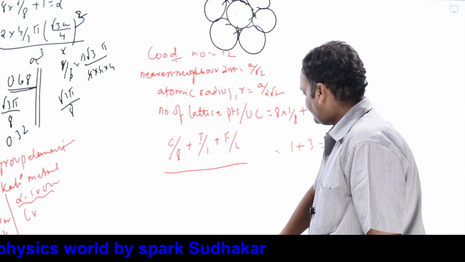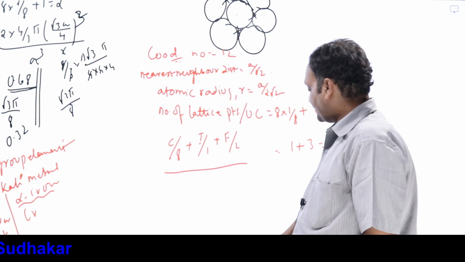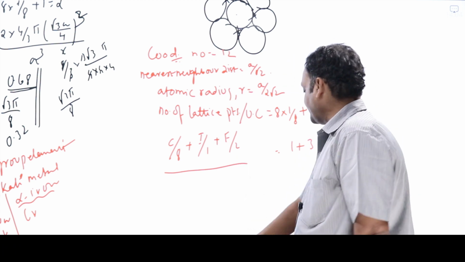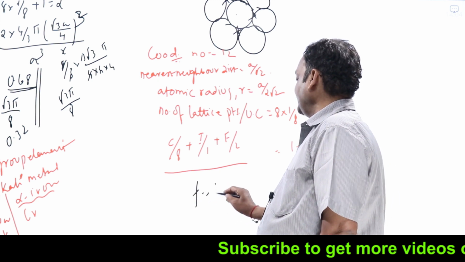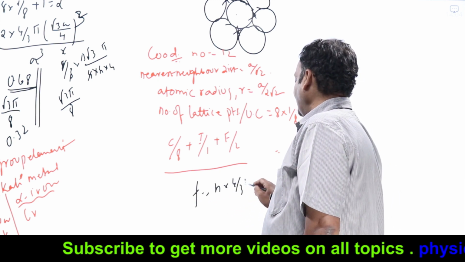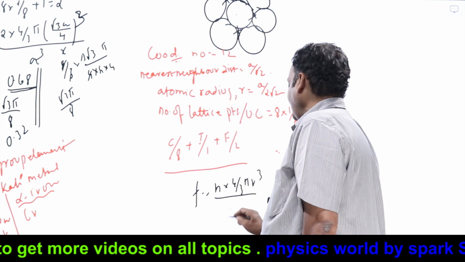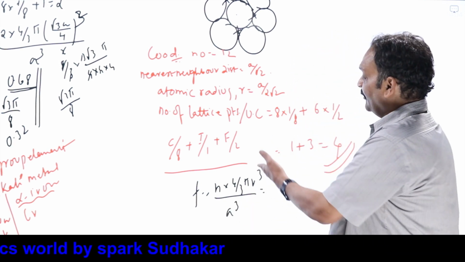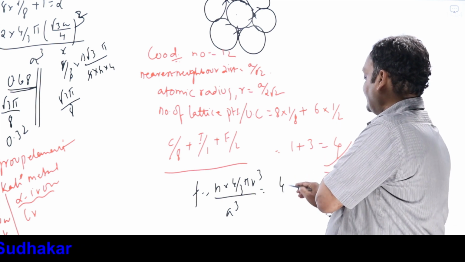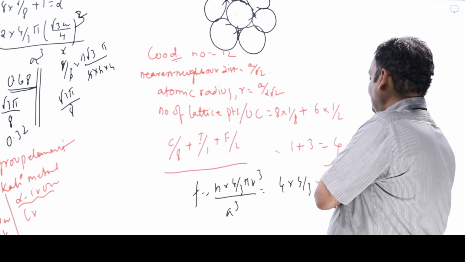Right, so now what is packing fraction? It is N into 4 by 3 pi r cube by A cube, the same formula. Now effectively how many atoms are present? 4 atoms are there into 4 by 3 pi.